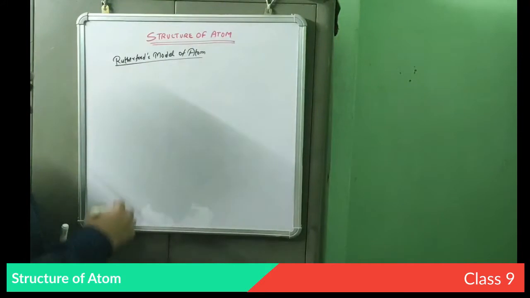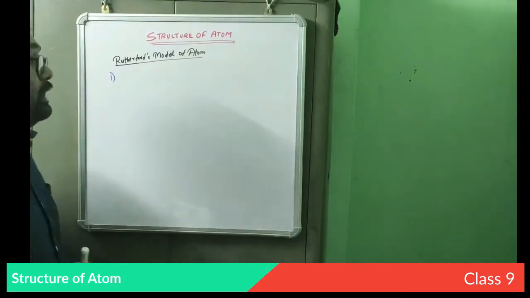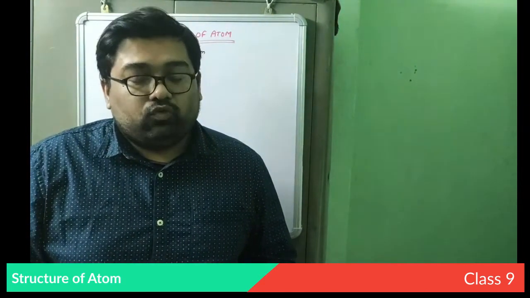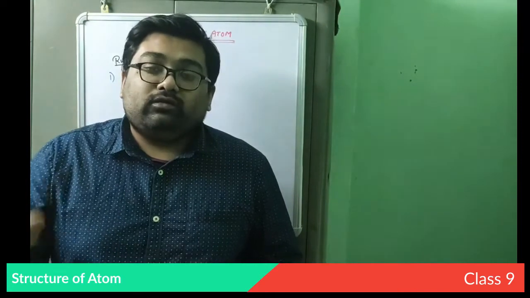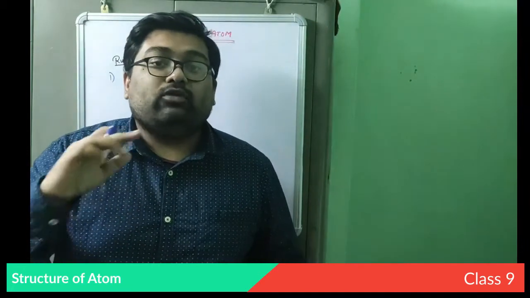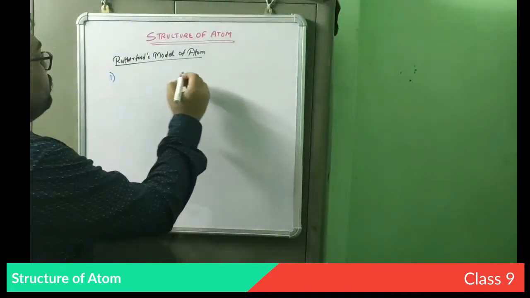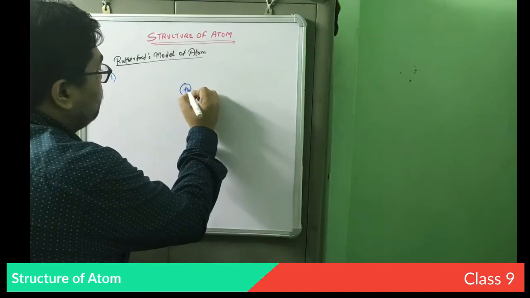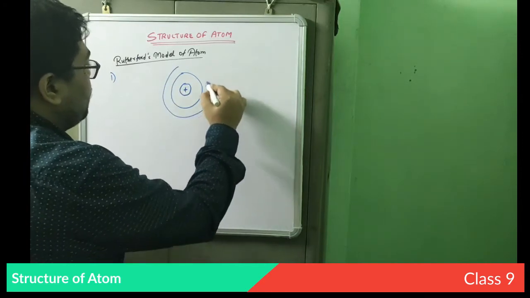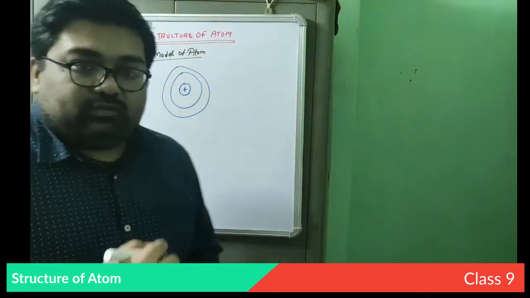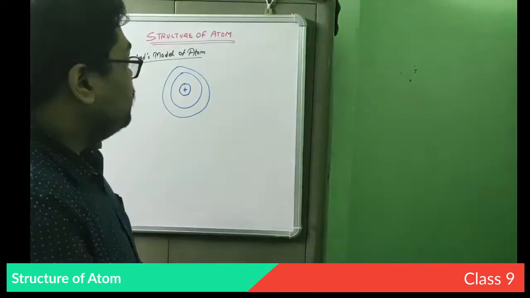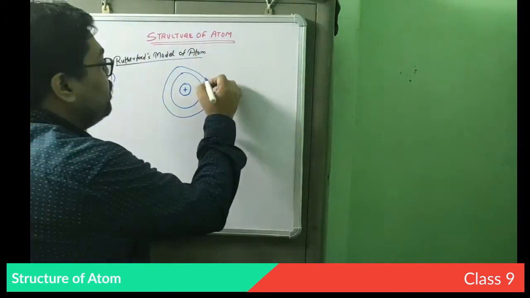See, Rutherford told that a nucleus consists of positively charged protons and neutrons, and they are surrounded by the electrons. Suppose this is the nucleus, and the electrons revolve around it in circular paths. Okay, rapidly they are revolving around the nucleus in some circular paths, which he named orbits.